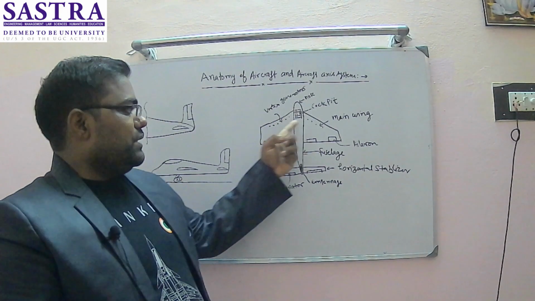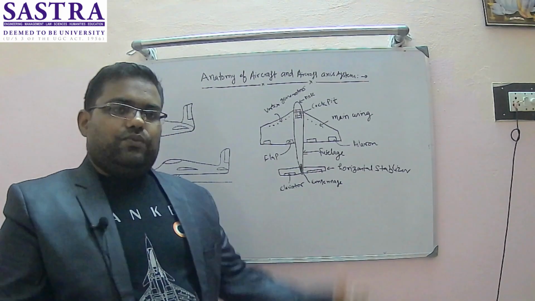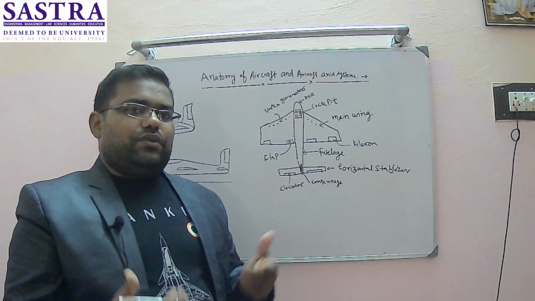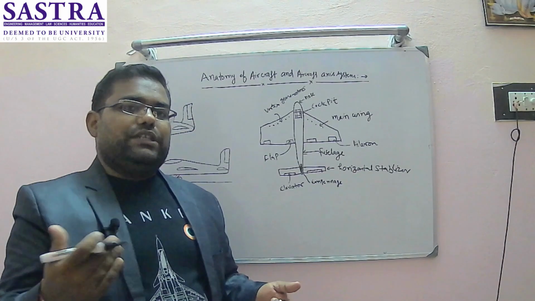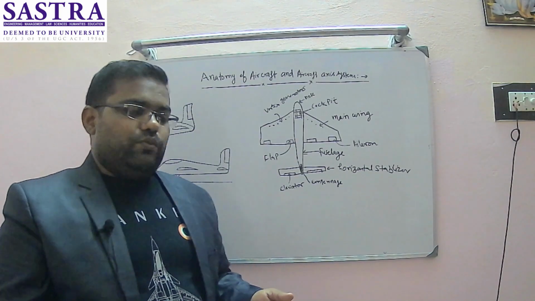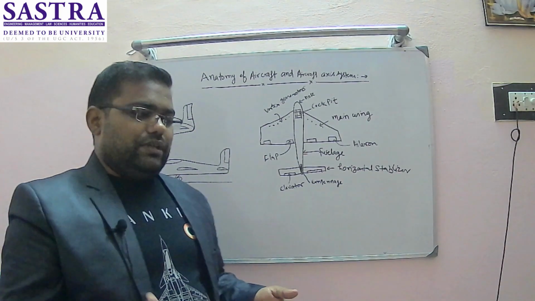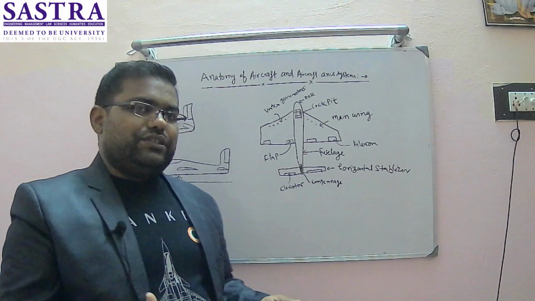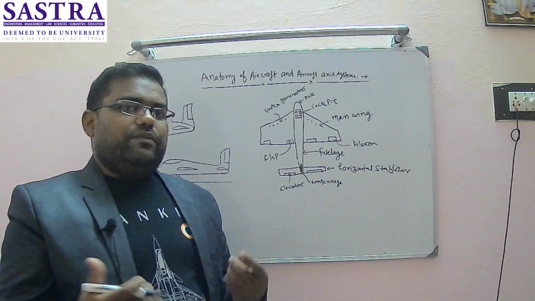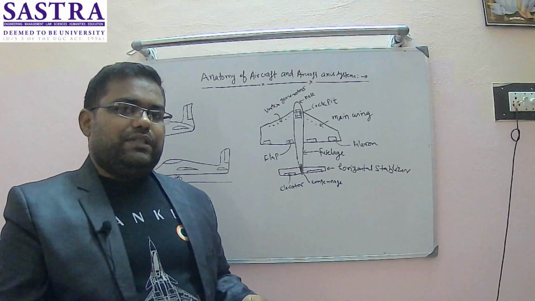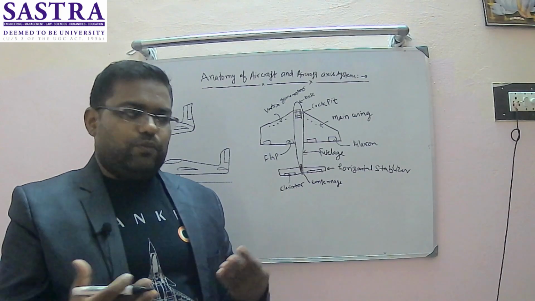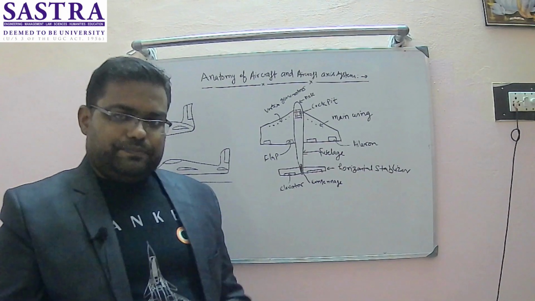The moment air comes into contact with these holes, it provides circulation over the top surface, which means the flow becomes turbulent. In turbulent flow, there will be more attached flow over the top surface.